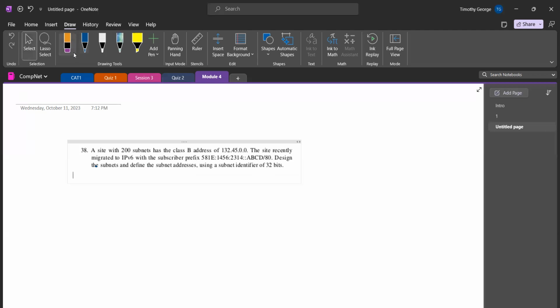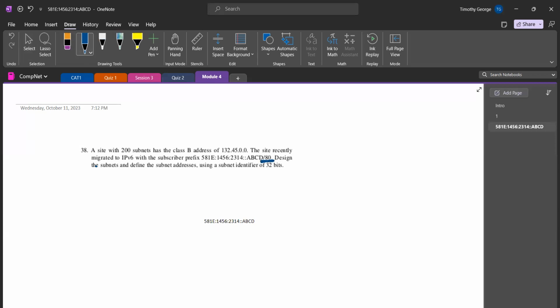Okay. First thing, since it's IPv6, sorry, we write the whole thing. 81E, E1456, 2314, something, ABCD. And so we need to fill. So we're given the prefix as /80.